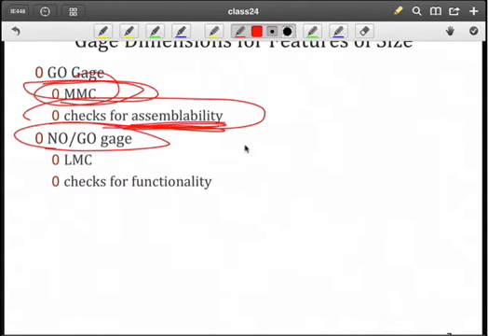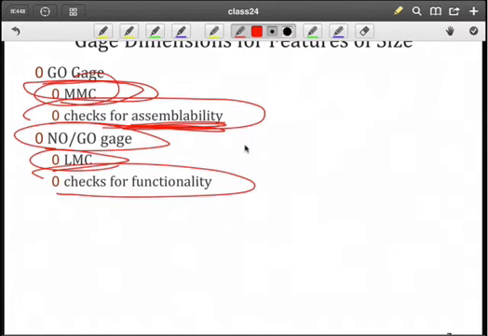The no-go gauge, we're checking LMC. And LMC is looking more at the functionality aspect, because if our part is outside of LMC, then it implies that we're going to have an improper relationship between part features.